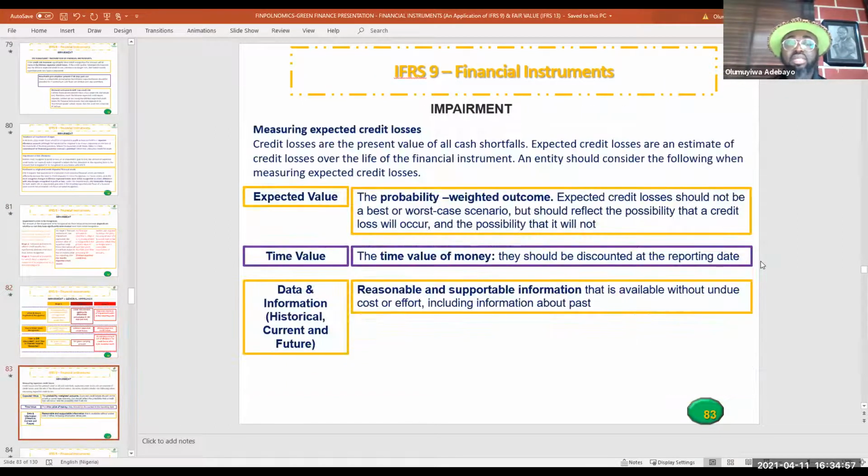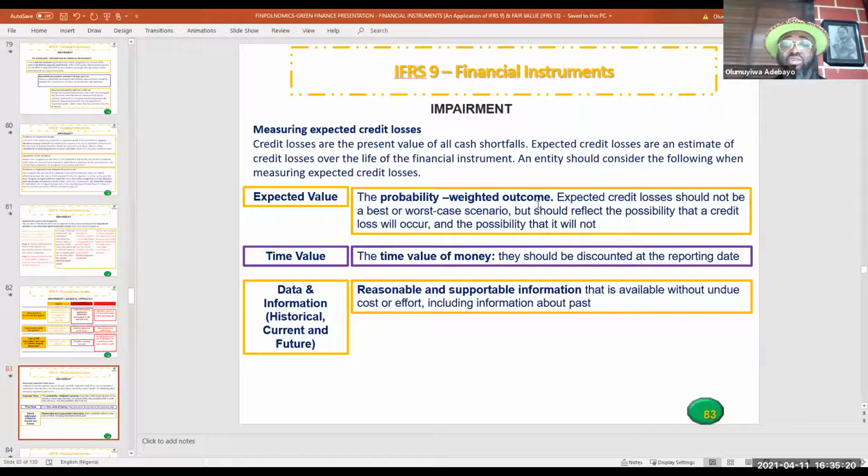Now, again, what I discussed with you yesterday, which I brought a formula to, is that when we are computing impairment assessment with respect to expected cash flow, there are key variables. The variable to obtain your expected value is the probability weighted outcome.